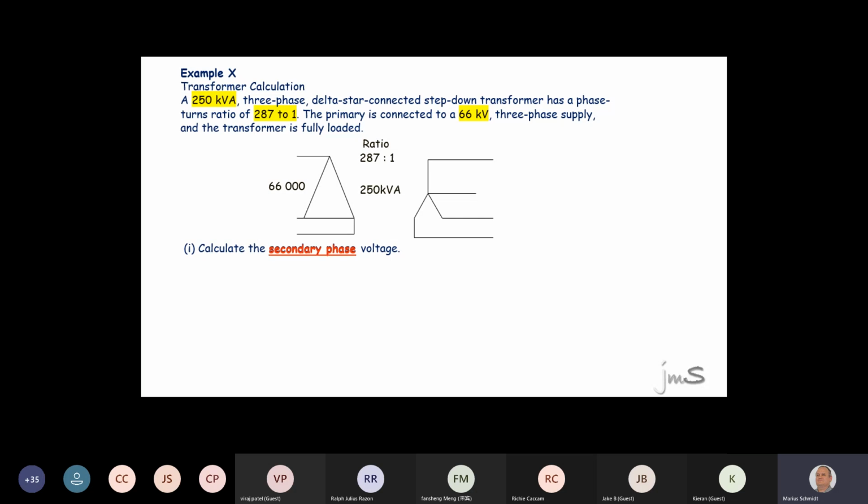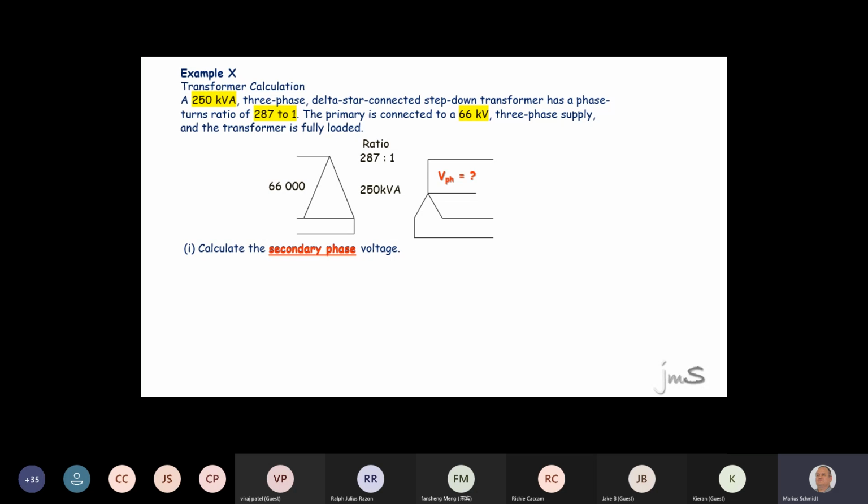Is it between line 1 and line 2, or is it between line 1 and neutral? Phase, not line voltage, but phase voltage. You all agree there? Line 1 and neutral. If I ask you what is line voltage, it will be between line 1 and line 2. You all agree with that?